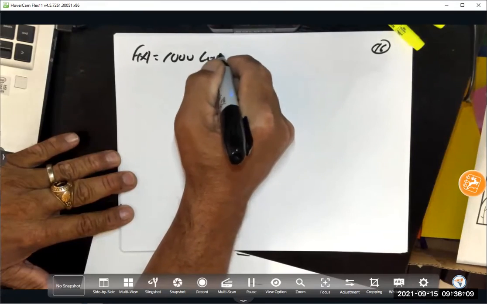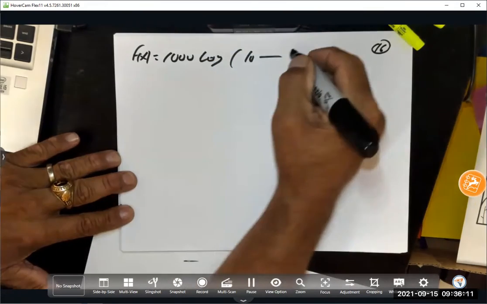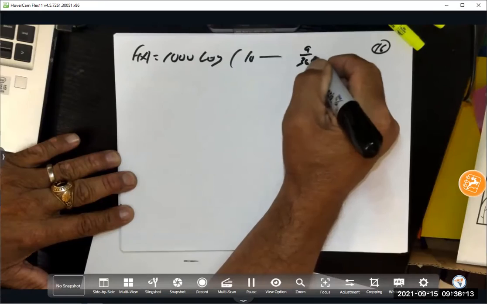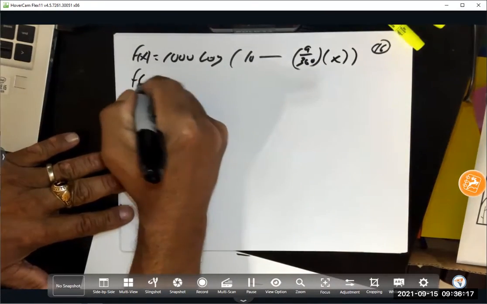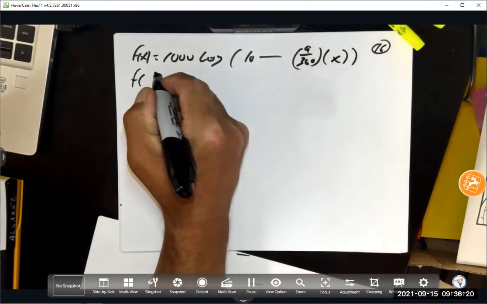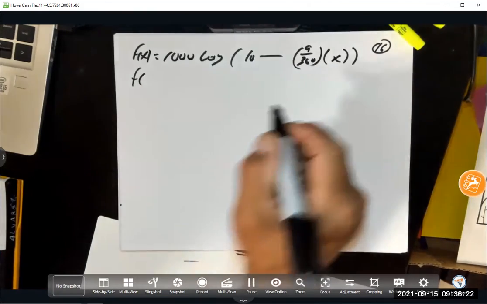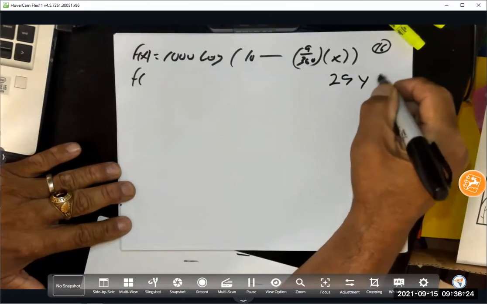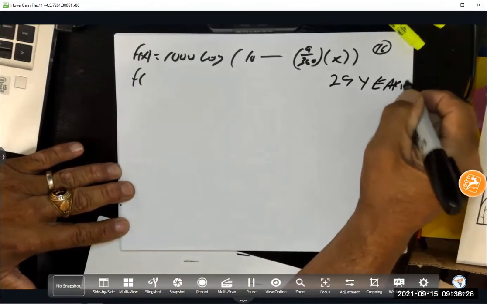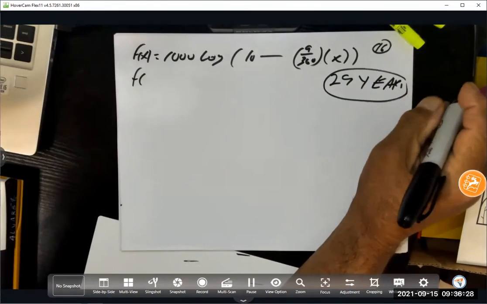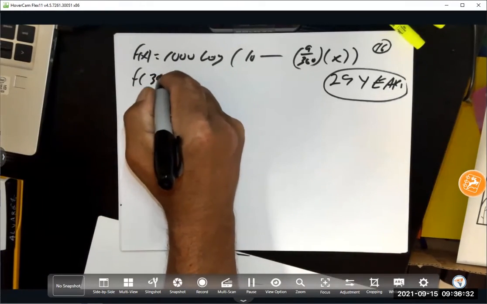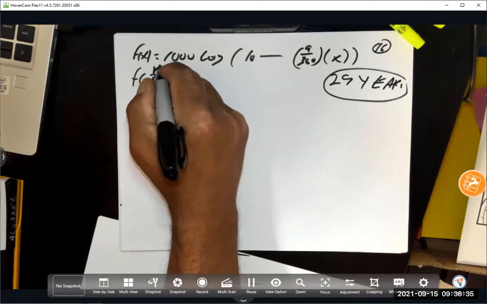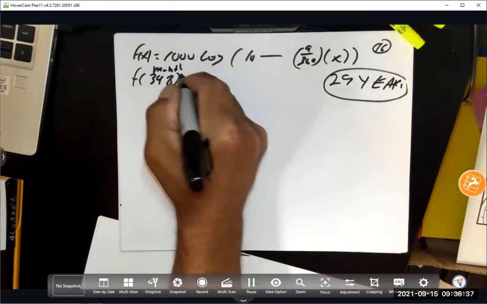Log, and minus 9 over 360. Okay. So now I'm going to go way in the future. I don't know, 29 years from today. 29 times 12 is 348 payments. 348 payments from now, months gone by.